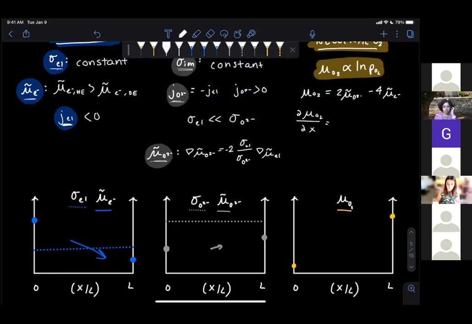And this comes from the fact that for reactions that can equilibrate, the sum of the stoichiometric coefficients times their electrochemical potentials for each species involved in a given reaction is equal to 0. And one important thing to say here is you'll notice that I've taken off the little tilde here, and that's just to say that because oxygen is a neutral species, its chemical potential is equal to its electrochemical potential.